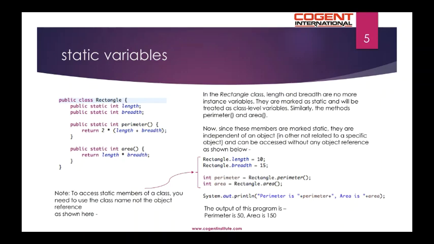In other words, they are not related to a specific object and can be accessed without any object reference as shown below. So the name of the class rectangle followed by the dot operator followed by the name of the static variable can be used and value can be assigned. Similarly, the perimeter and area methods can be accessed using the name of the class.